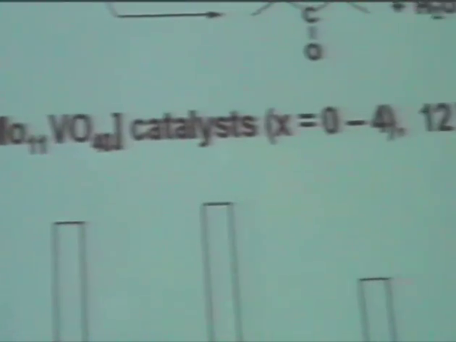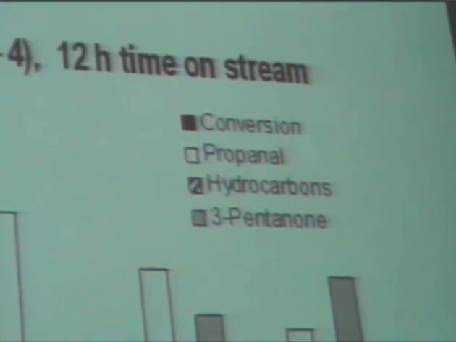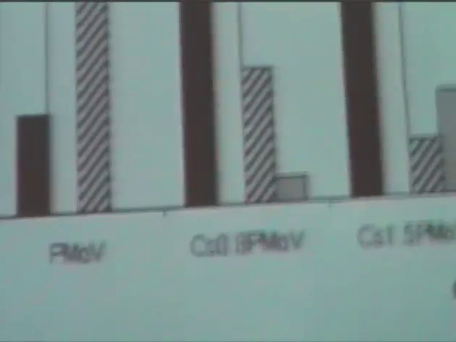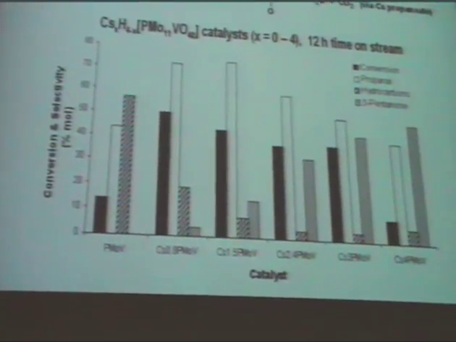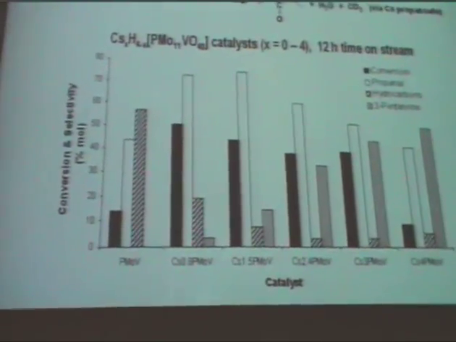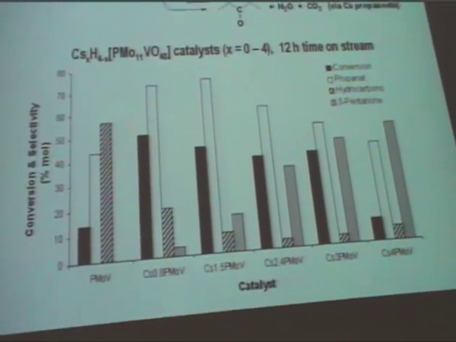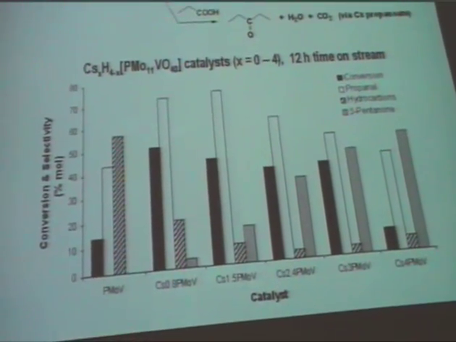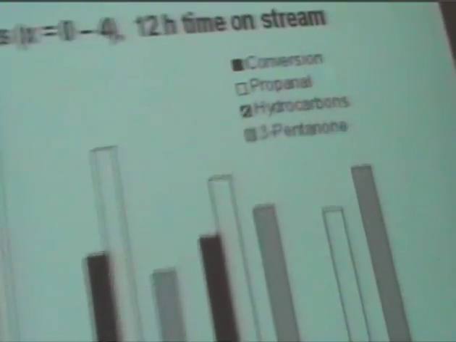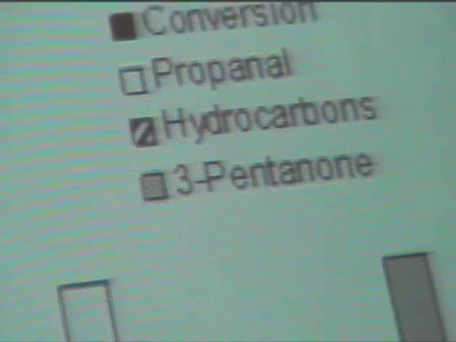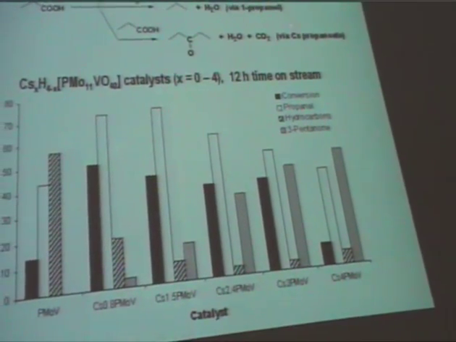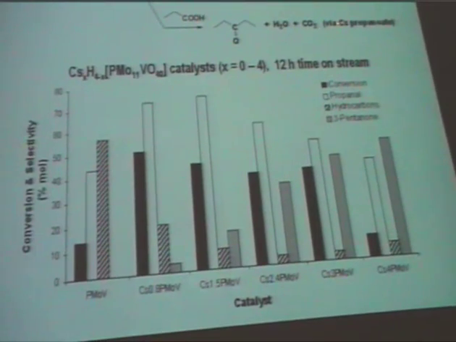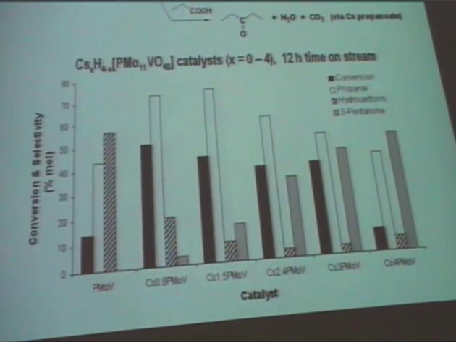The desired reaction, this one, top, is the hydrogenation of propanoic acid to propanol. And there are two main undesired reactions. First, the hydrogenation to yield propane, occurring probably via 1-propanol. And the other one is the formation of the ketone, 3-pentanone. And this reaction does not require hydrogen and occurs probably via a cesium propanoate intermediate.